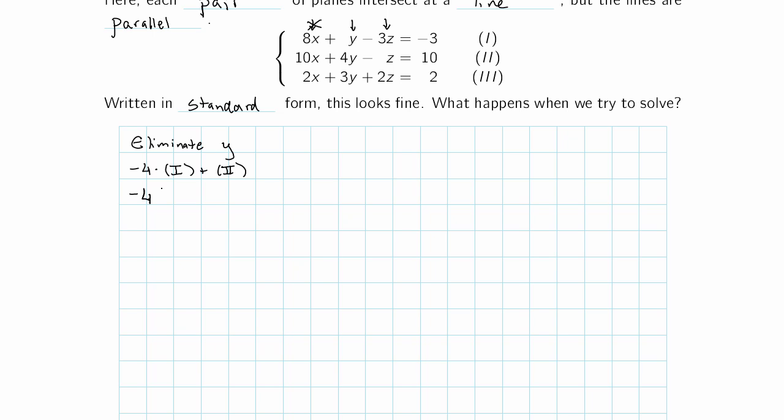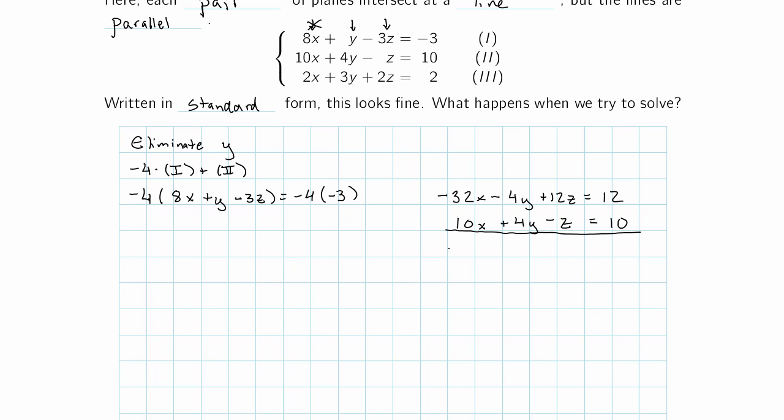So I'll take -4 times 8x plus y minus 3z is -4 times -3. Multiplying that out, I get -32x minus 4y plus 12z equals 12. I'll copy equation 2 underneath that, which gives me 10x plus 4y minus z equals 10.